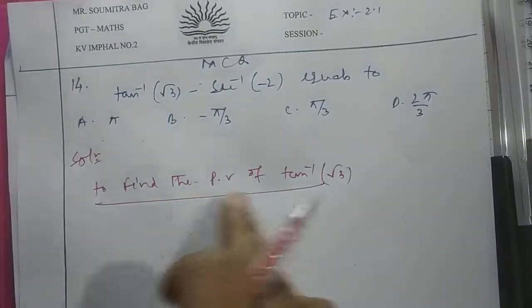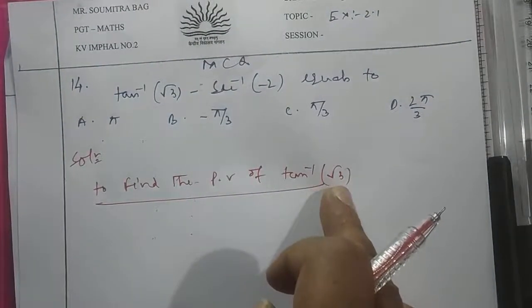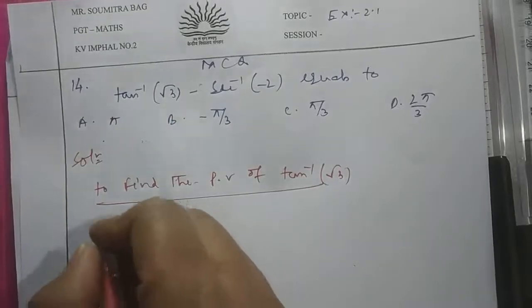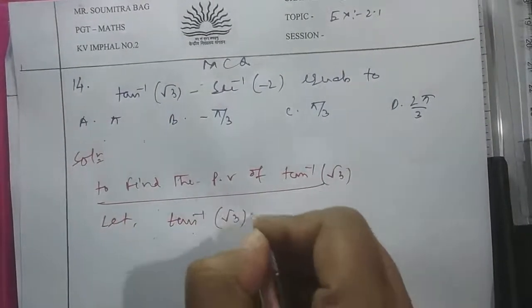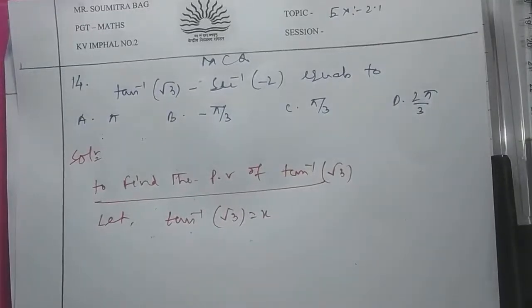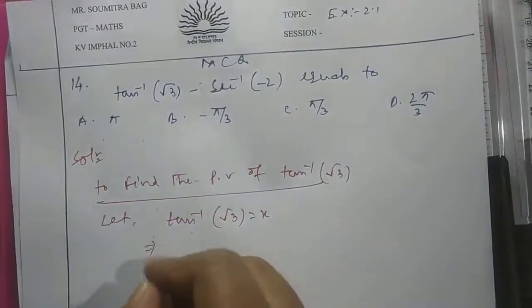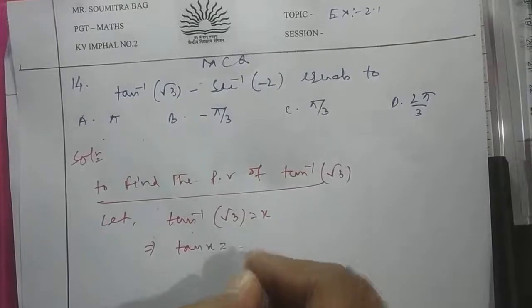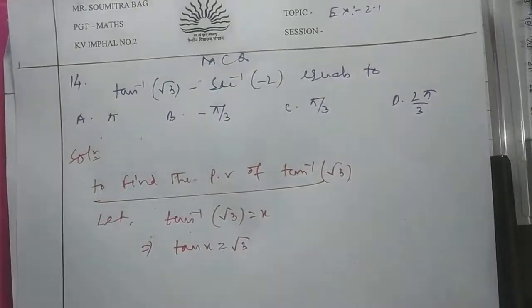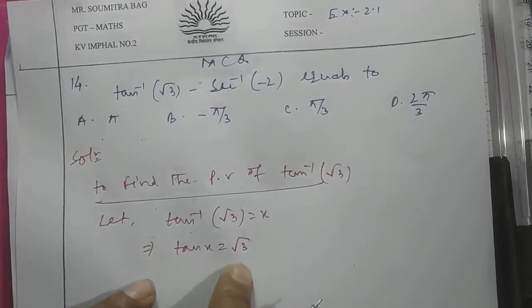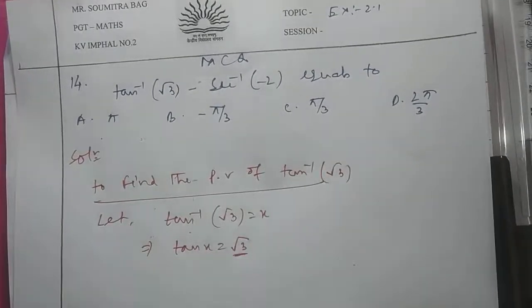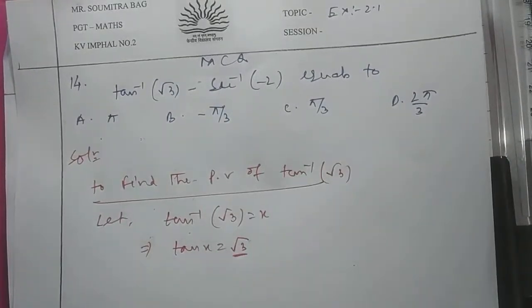First let us find the PV of tan inverse root 3. We know how to start. Let tan inverse root 3 equal to x as usual. Then simply tan x will be equal to root 3. Now tell me, tan what angle is root 3?